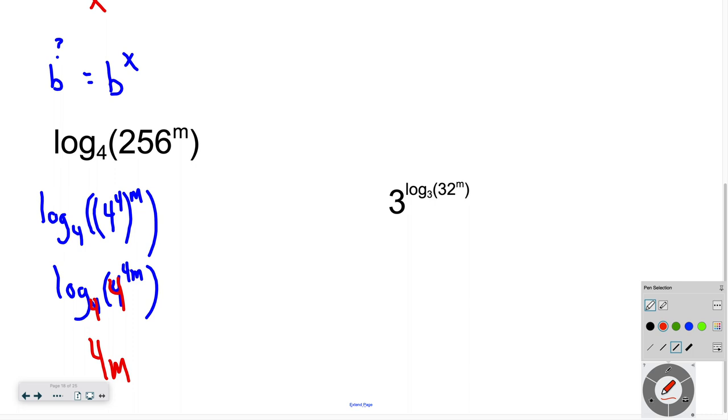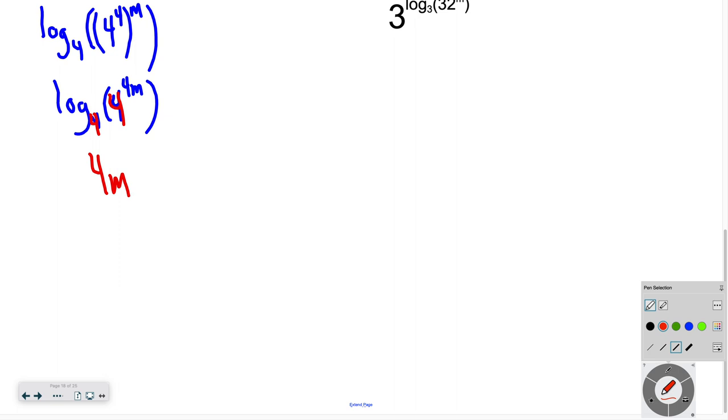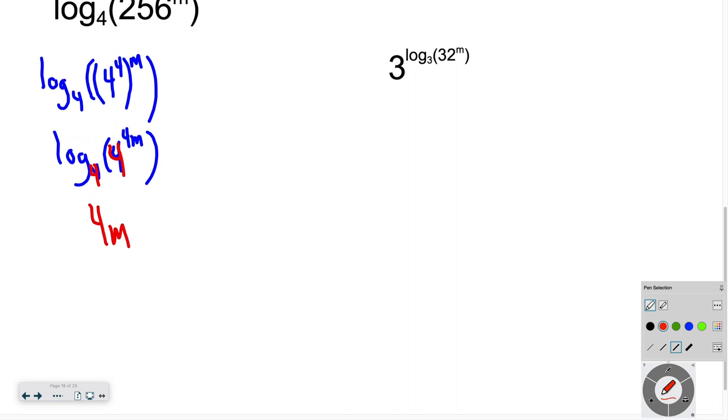Okay, here's another way to look at it. Now that you're learning more properties, there are different steps you can take to make sense of things.